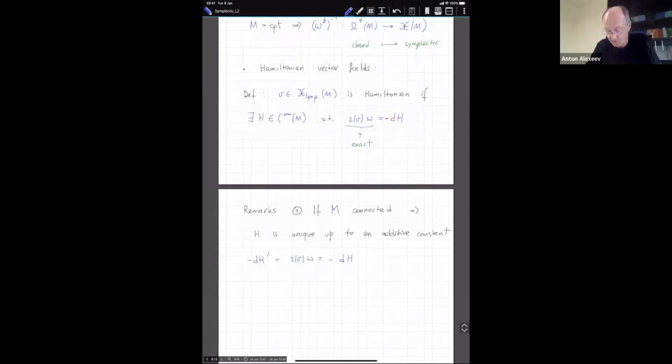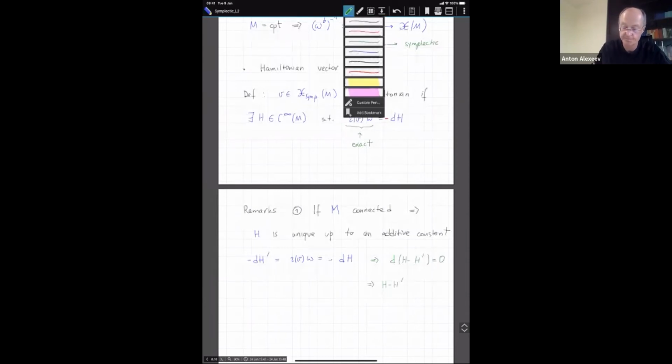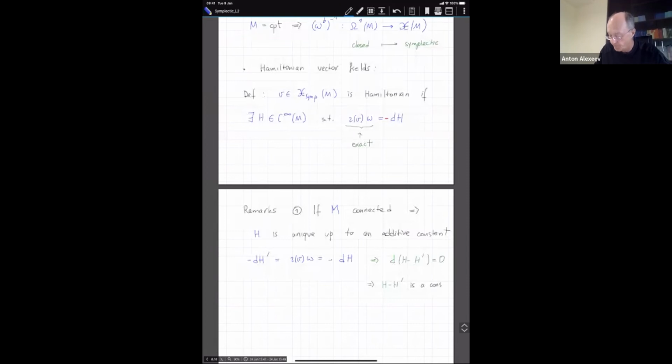So suppose we have two different functions, h and h prime. So dh is equal to iota v omega, with plus or minus sign for both of them. But then this means that d of h minus h prime is 0, and this means that h minus h prime is a constant if the manifold is connected, right?